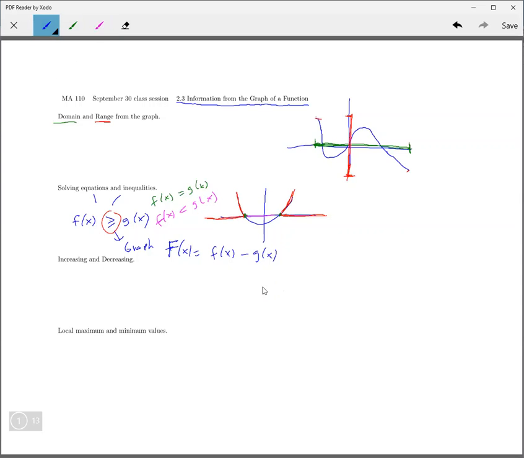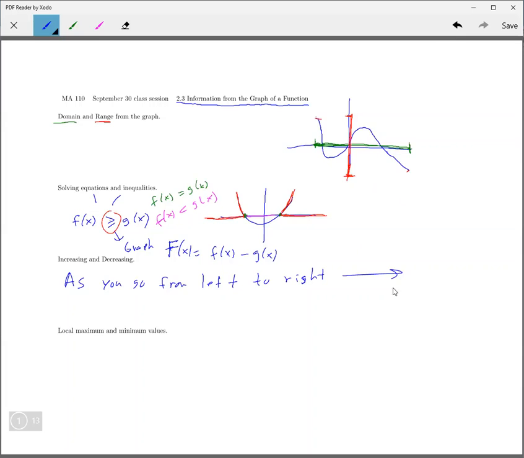Increasing and decreasing, you can figure that out from the graph. And now this is as x increases, you go from left to right. Okay, so you're going this way. As you're going from left to right, what happens?